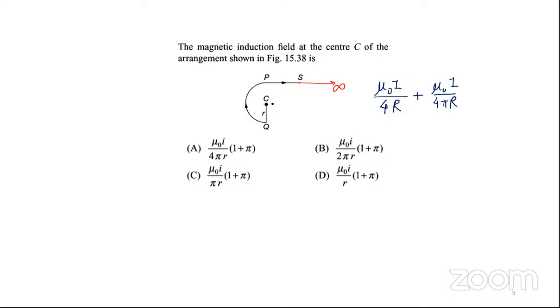Otherwise, at another distance, it would have been 2 pi r. So adding both of them, we'll get A as the answer.